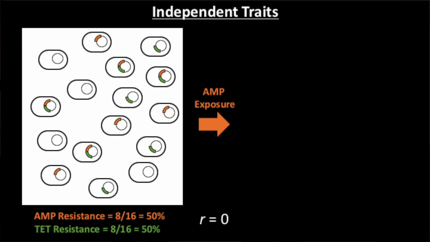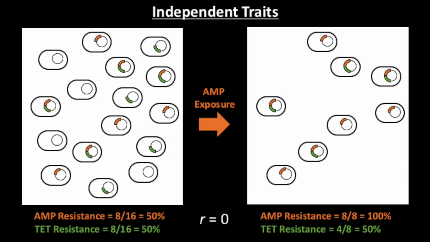So when you use ampicillin, if you get rid of all the ampicillin susceptible bacteria, you're left with ones that are only ampicillin resistant. The prevalence of ampicillin resistance goes from 50% to 100%. The tetracycline resistance stays the same, going from 50% to 50%.